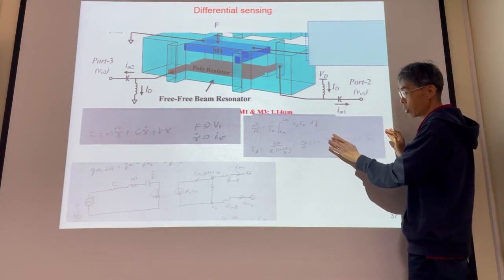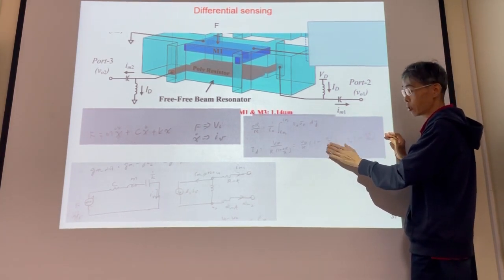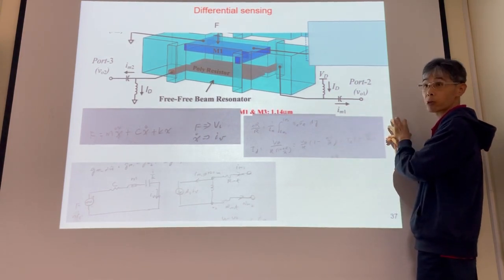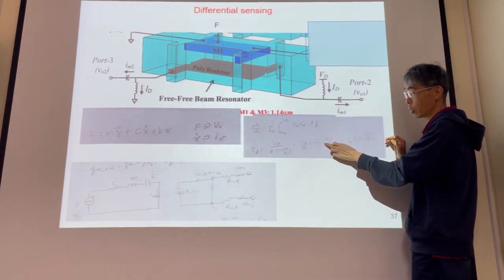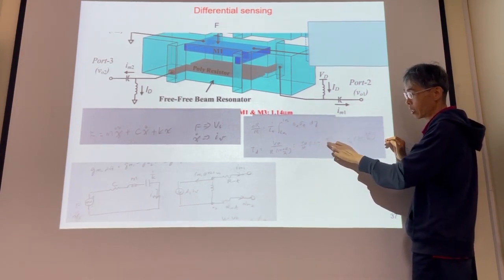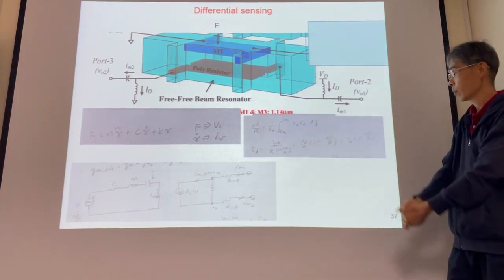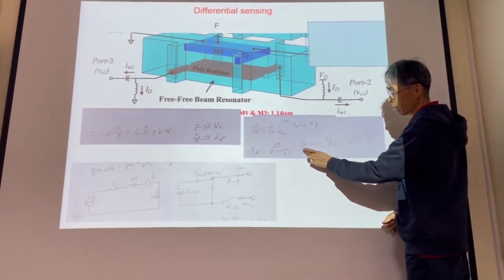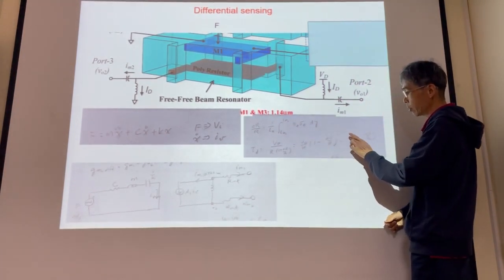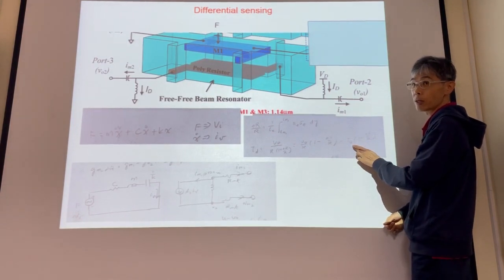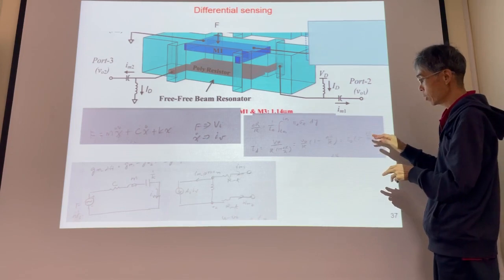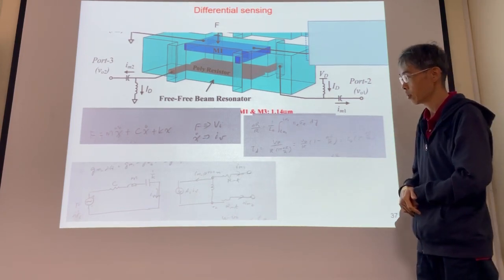But because delta R divided by R is very small, we can ignore second order, third order, fourth order. We just keep 1 minus delta R divided by R. And we say VD divided by original R is I0, the reference current. So this is how we get this equation.